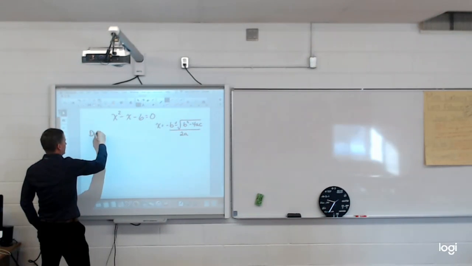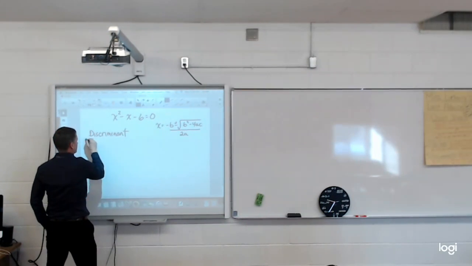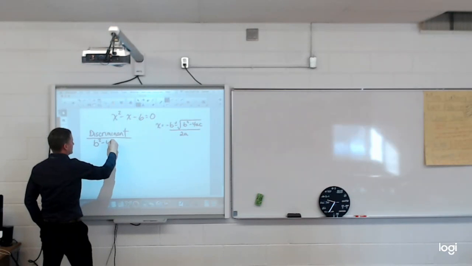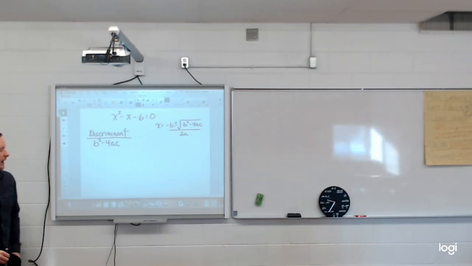So the discriminant is b squared minus 4ac.